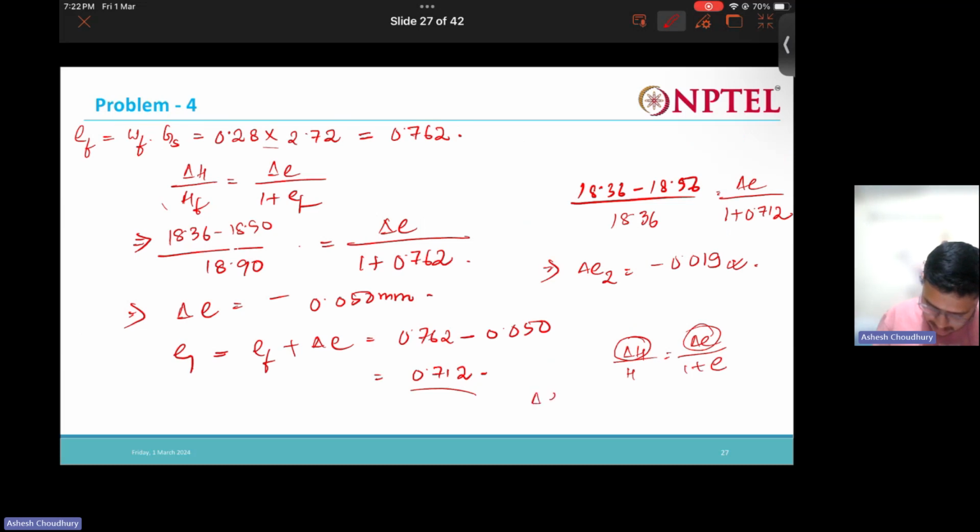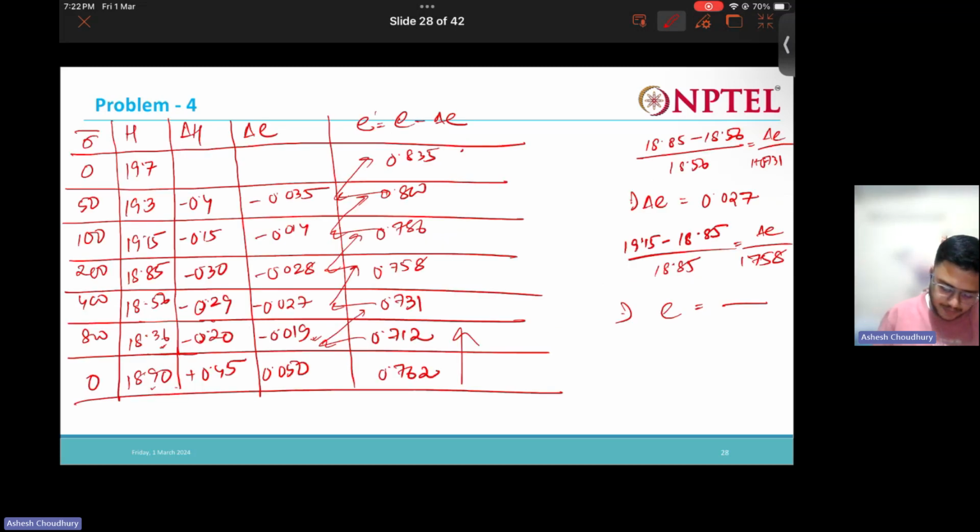So delta E is delta H, present minus next by present, times 1 plus E present. Like this we need to do. So again we get all the E values, and again we can plot and find out.